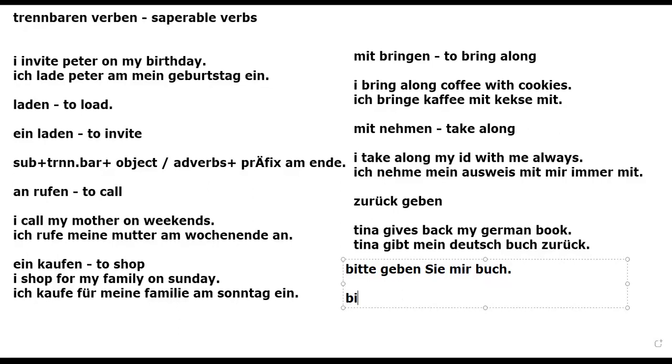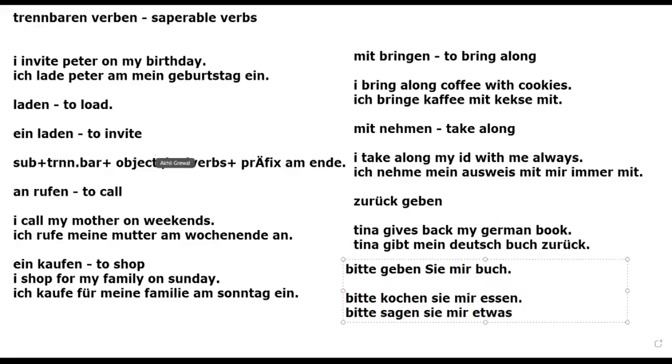Like bitte kochen Sie mir Essen. Essen means food. Please cook me food. Bitte sagen Sie mir etwas. Please tell me something. So we have to go with like this. Imperative sentences are like this only.